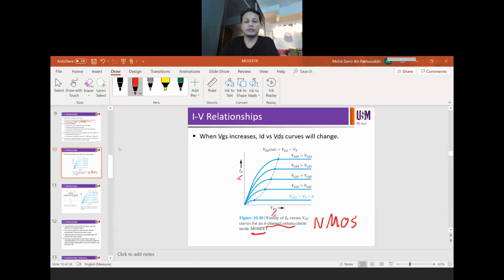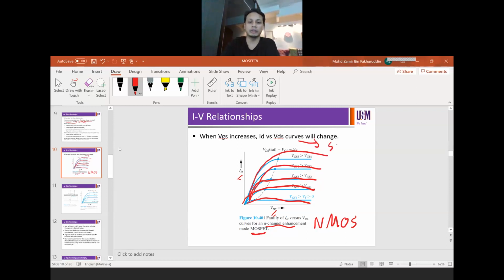When you apply different levels of VG on the gate, we end up with a family of curves. The higher the VG, the higher the curve is. This is the saturation region.